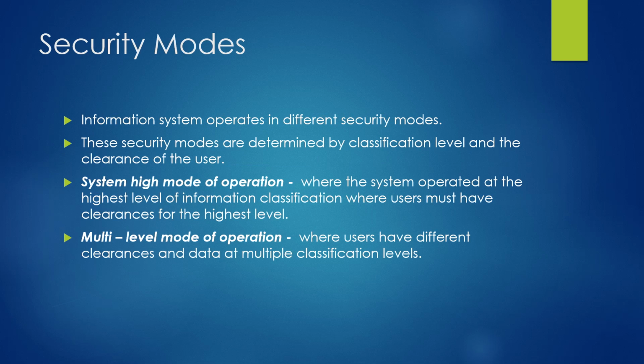Security modes. Information systems operate in different types of security modes. These security modes are determined by classification level and the clearance of the user. An example of this could be you're working in an organization and you have access cards.